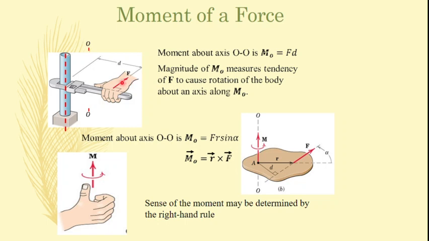But if we want to find the moment of a force in terms of a vector, how can we do this? Suppose this one is the force F, and this one is the line of action of this force, and we have to calculate the moment of this force about this OO axis.